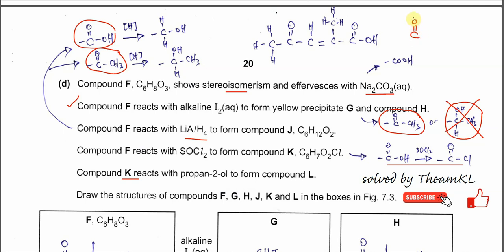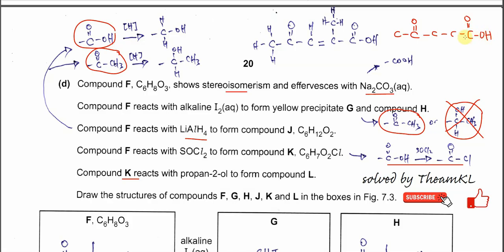So this is C with this carbonyl, and after that you need to add the other carbons. Because it has 6 carbons, so it's 1, 2, 3, 4. Okay, you make it 5 first, because for the terminal we need to put the carboxylic acid.